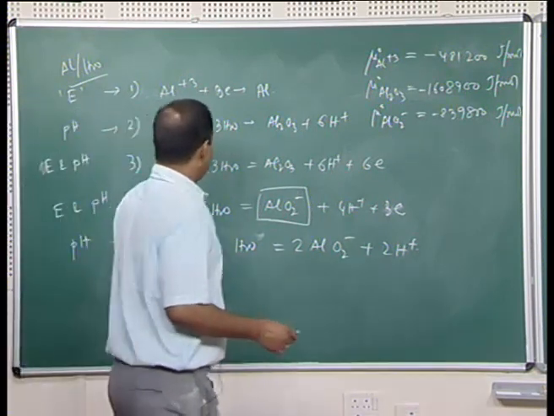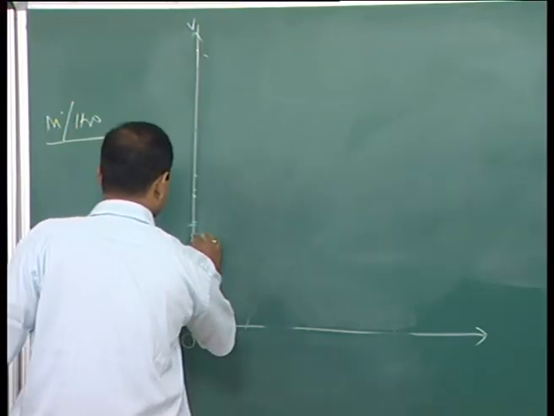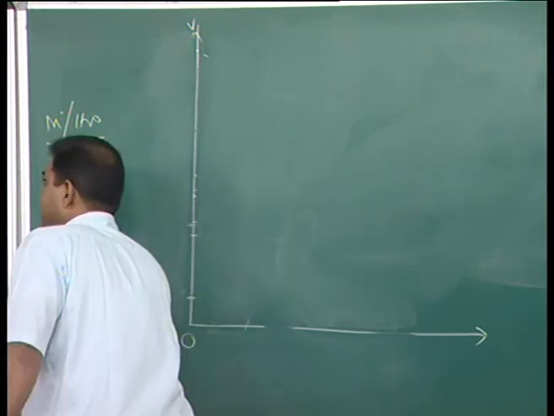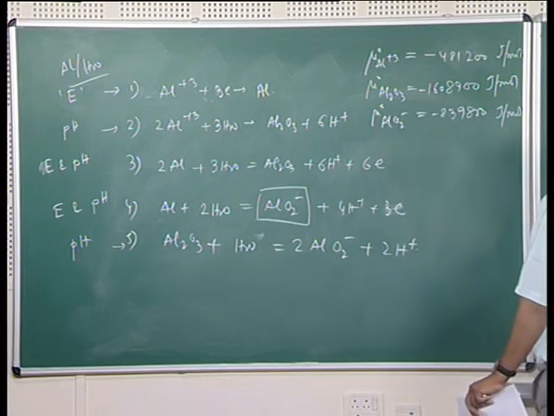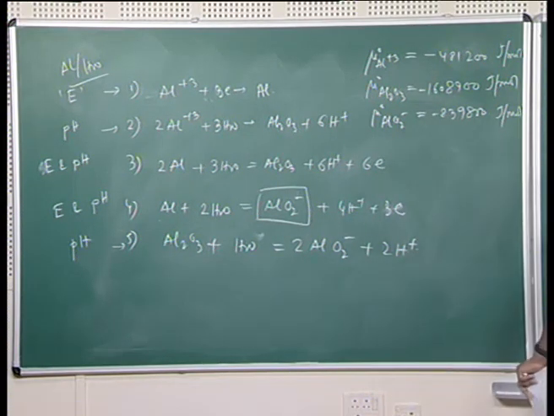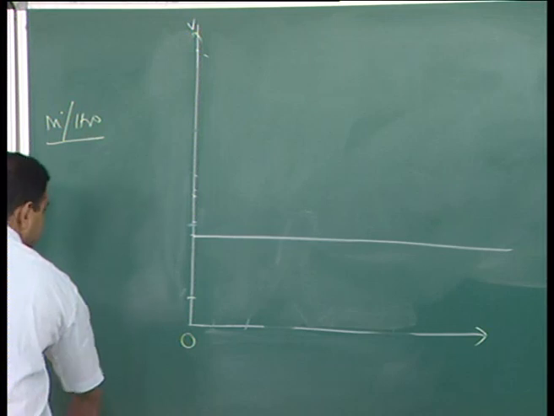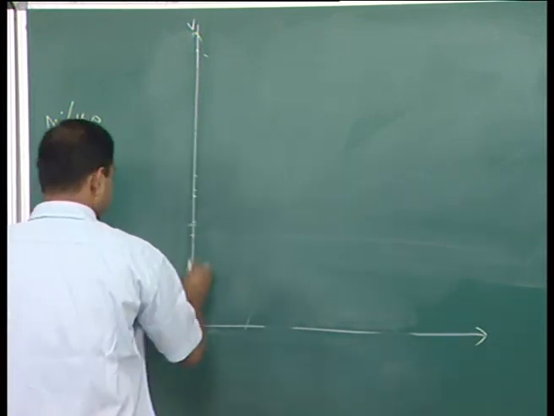Now, in this definitely this should be a line which should be parallel to the pH axis, because this is potential dependent, pH independent. Initially I will draw all the lines dotted, because then we will connect it.